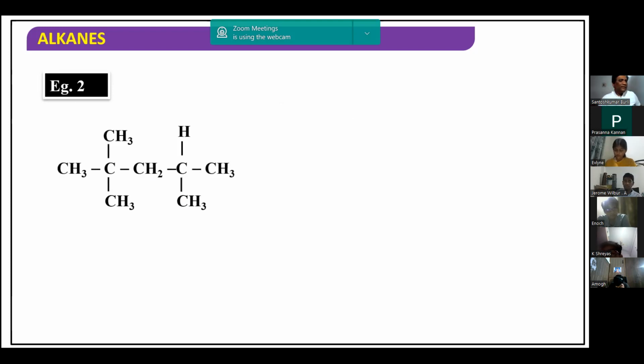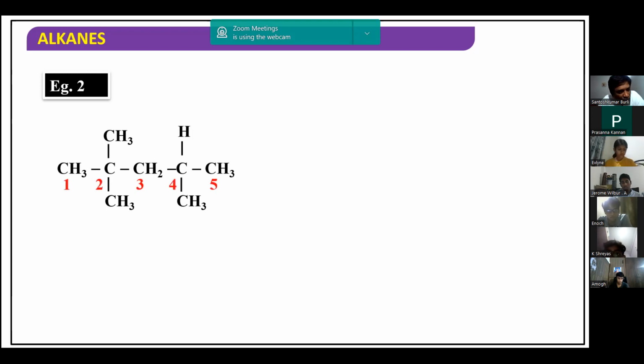So let me take another example. Can you tell me where we number it from quickly? Left or right? Where the carbon atoms we number it from, which is the longest carbon? Longest chain has how many carbon atoms? 5 carbon atoms.